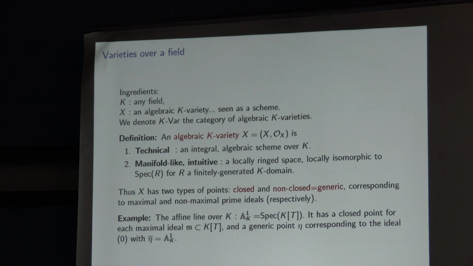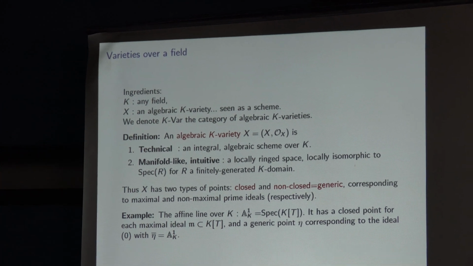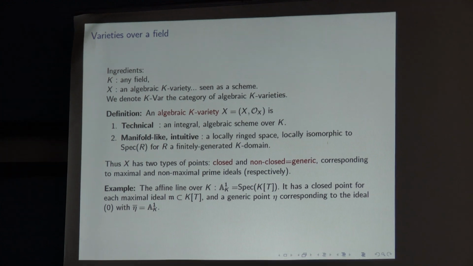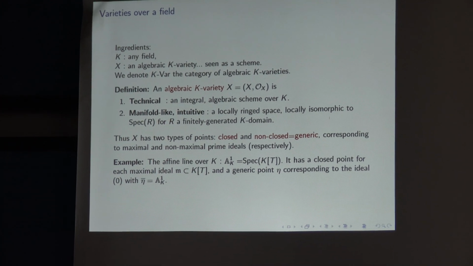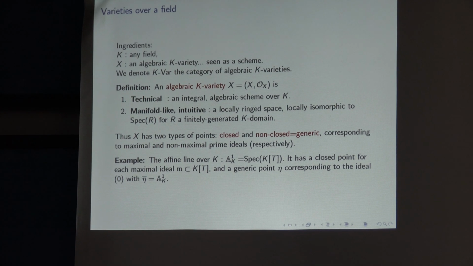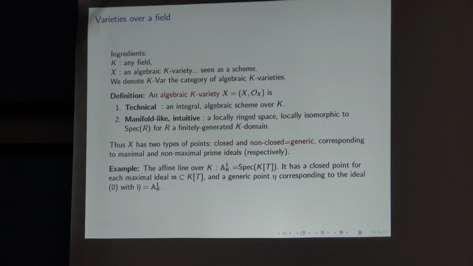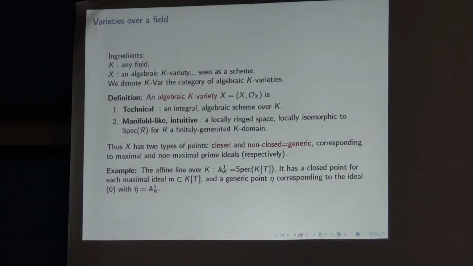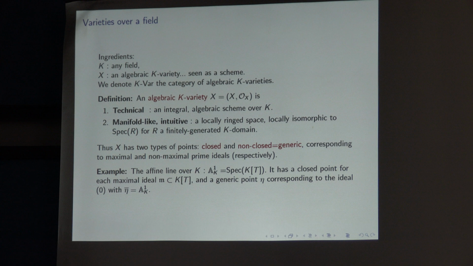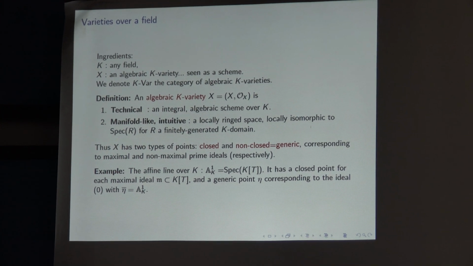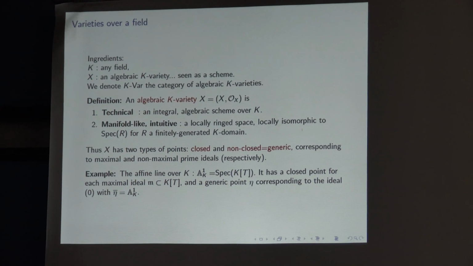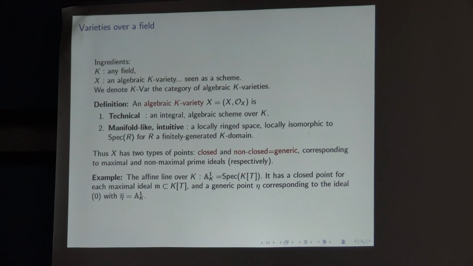So for me, a variety, unfortunately, I have to work with schemes. This is a restriction imposed by the theory because we need the generic points. So it is not my personal option. And I will denote K bar, the category of algebraic varieties.